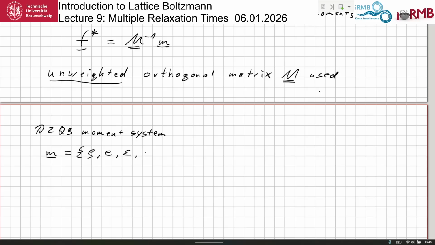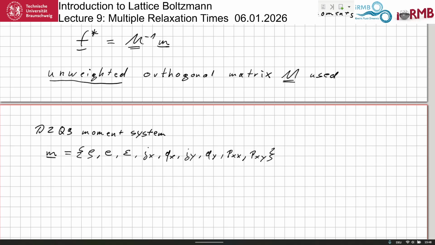Then Jx, a momentum in x direction. Then Qx, which is supposed to be the heat flux, which is very inaccurate for this model, but this is the closest physical quantity they could master. Then Jy, the momentum in y direction, Qy, and then Pxx and Pxy, which are shear moments.